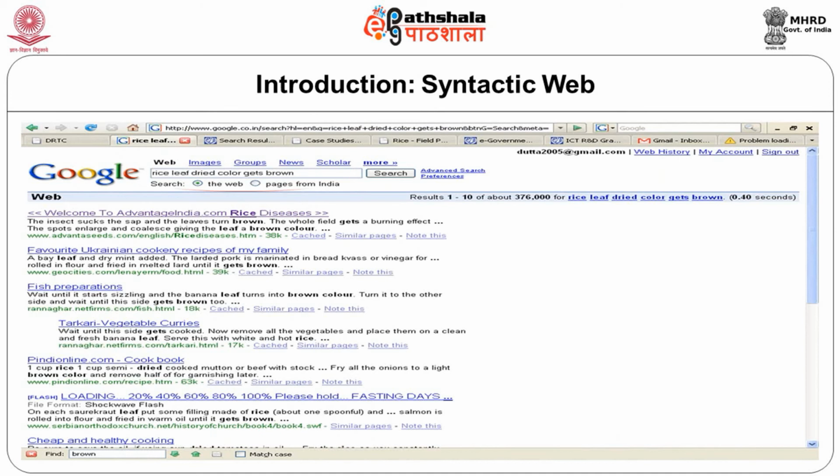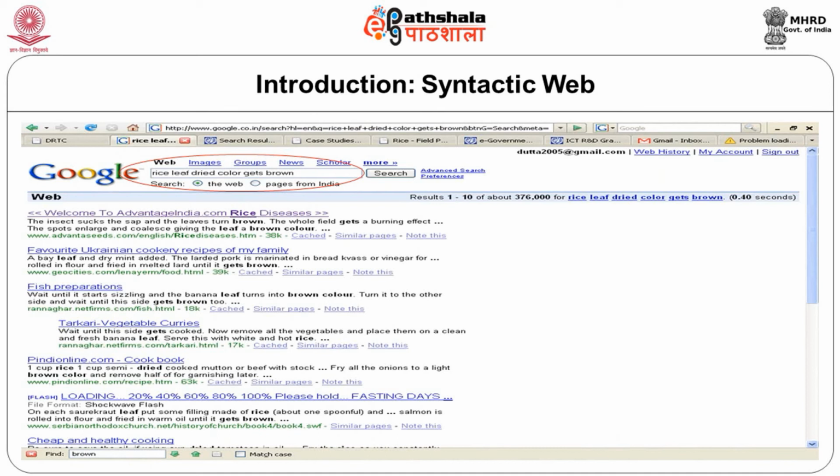Have a look at this slide. We searched with these keywords: rice, leaf, dried, color, gets brown. My problem was to find a solution, because I found that my rice leaves are getting dried and the color is becoming brown.